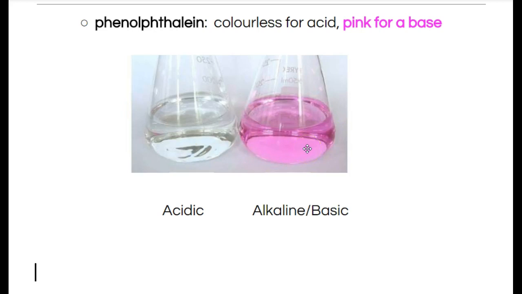So we can use it to help us identify whether something is alkaline or acidic, because we know that in an alkaline solution it will turn this nice pink color. And if there aren't enough hydroxide ions there, it won't be basic enough, and so it will remain colorless.